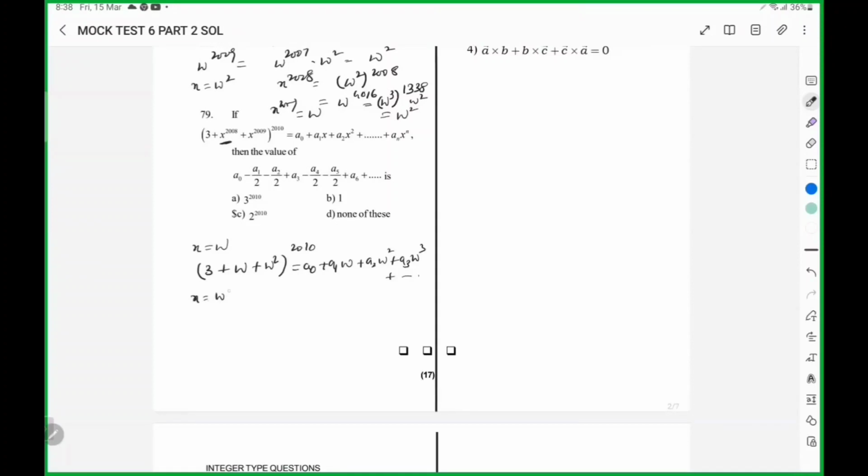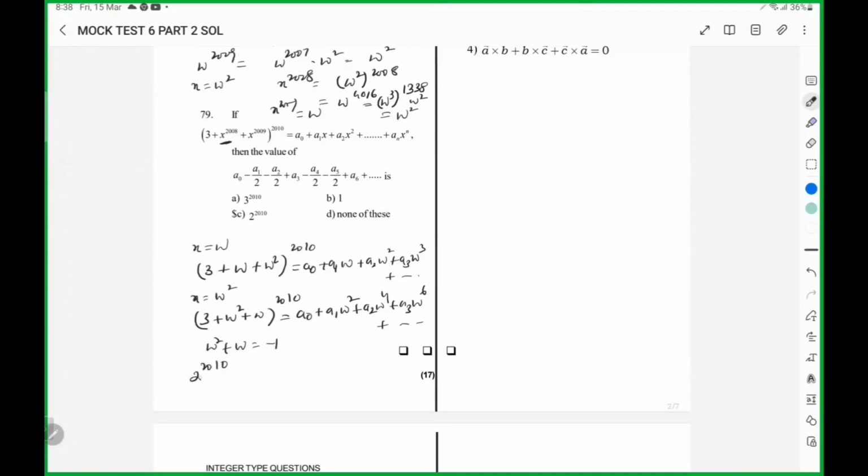Then with omega square: omega square plus omega whole power 2010, A naught plus A1 omega square plus A3 omega power 6 and so on. Omega square plus omega, we know, is minus 1.